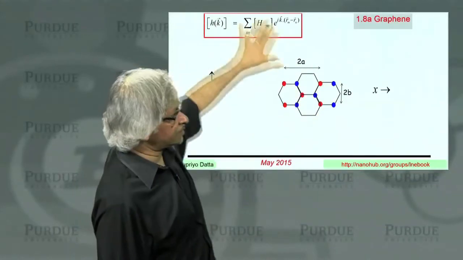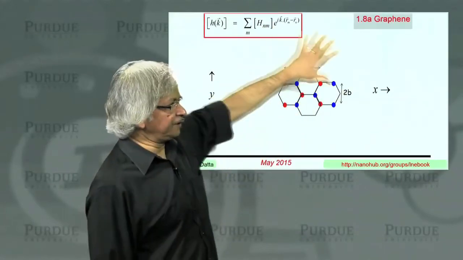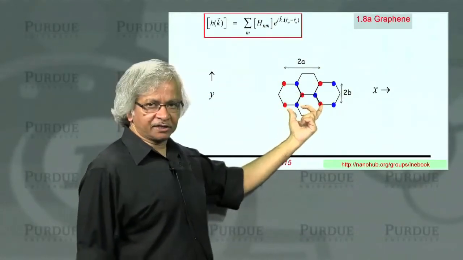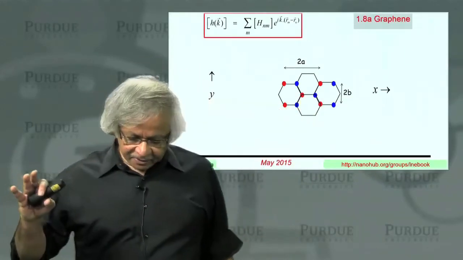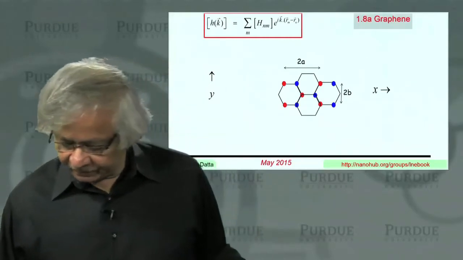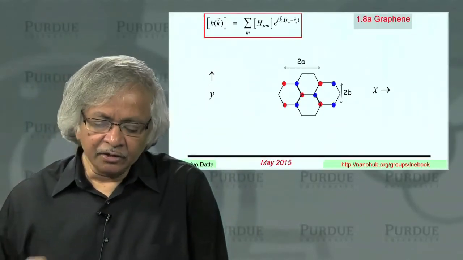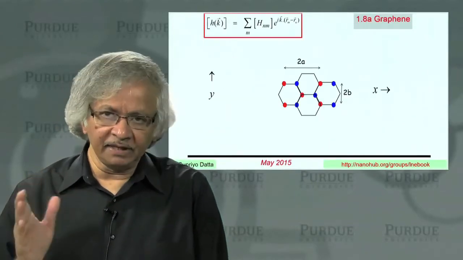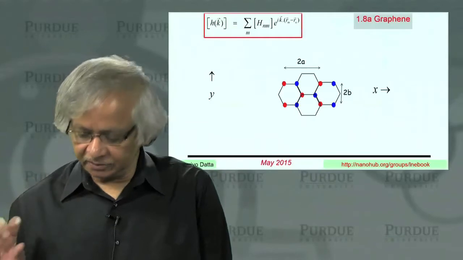Of course, the solid itself goes on forever. It's like there's an infinite lattice here. I've just drawn a small section of it for our purpose. Now, as I had explained in the introductory lecture, for graphene, if you're trying to understand its electrical properties, you can use just one basis function per atom. That's the pz orbitals.